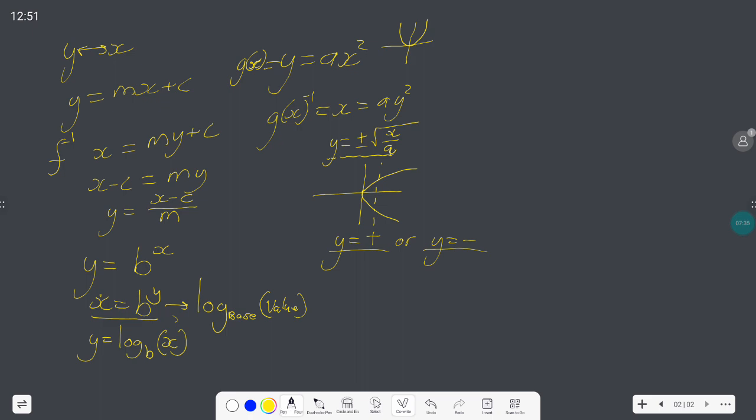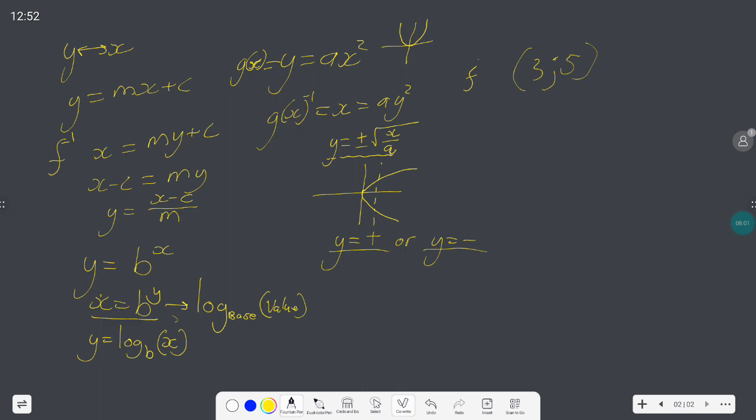Okay, these are inverse functions. What we are going to be focusing on today is whether it is a function, changing it into a function, or the inverse of that function, and that will be mainly it. So what happens if I have a coordinate? Let's say I've got 3 and 5. And this is for f.